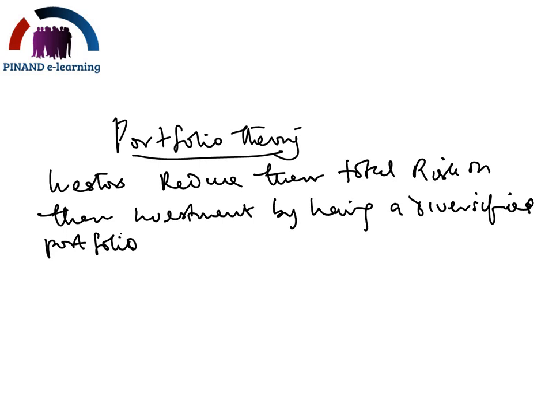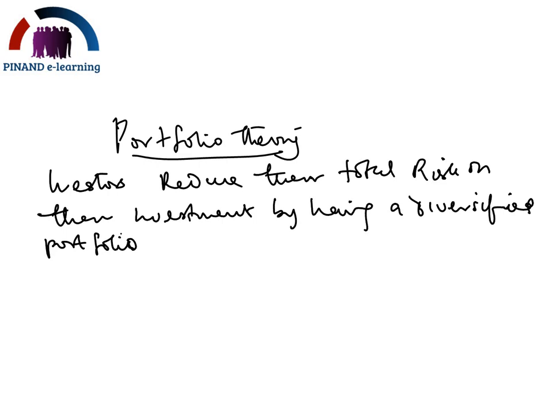So it means that if you have different shares in different companies, if one share price for company A does not do well, another share price in another company that does well will compensate for the loss you make on the shares that are not doing well.